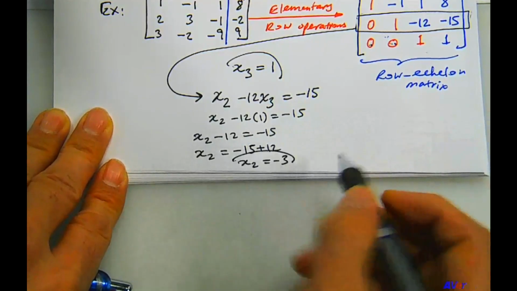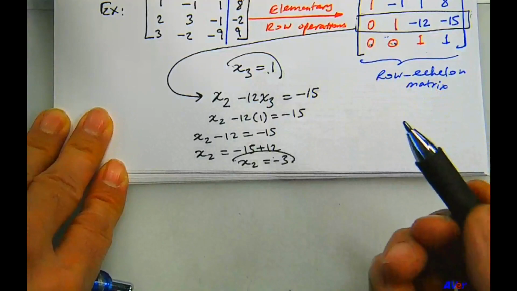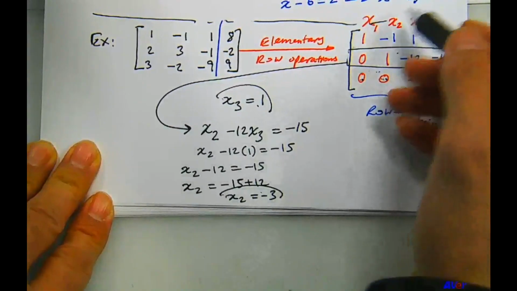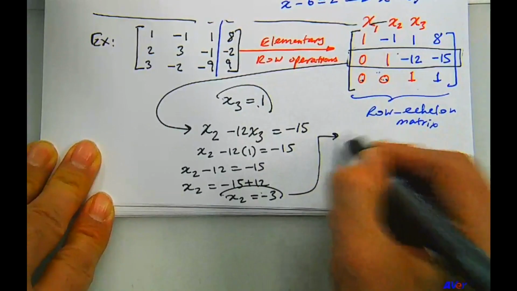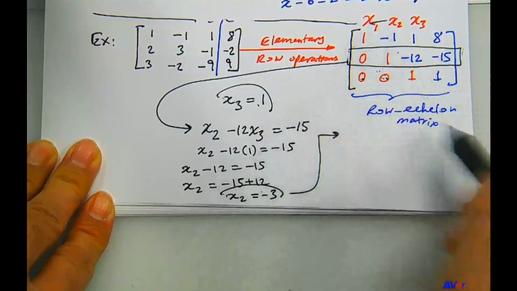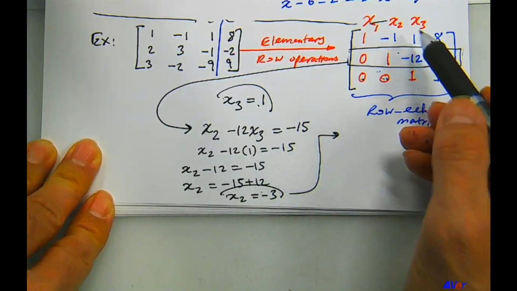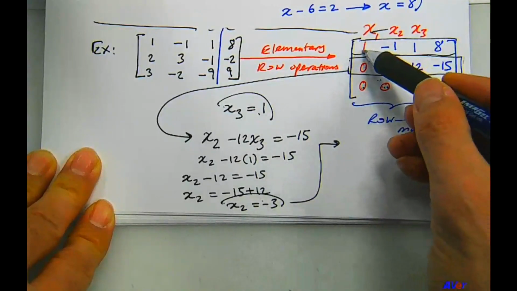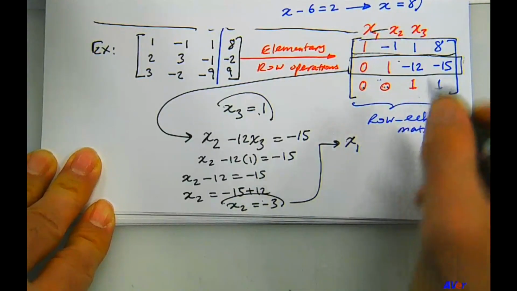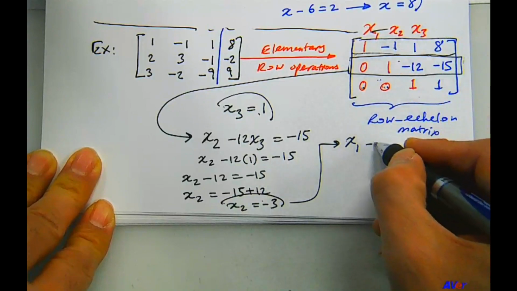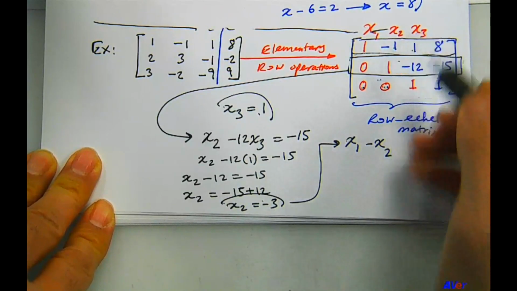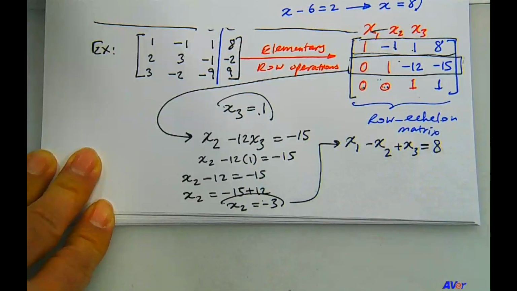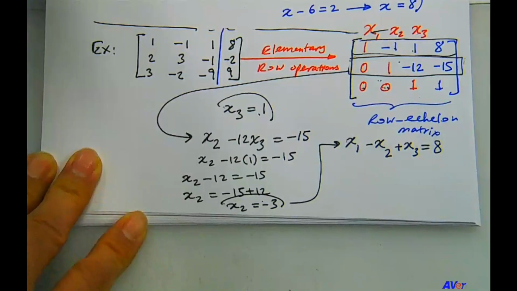So we got that. We've got x3, we've got x2, now x1. How do we find x1? Well, we move one row up. So let's come here. We're going to write the full equation with the variables attached using these numbers in the top row. So 1 times x1 is x1. Minus 1 times x2, minus x2. 1 times x3 is equal to x3. And 8 is the constant on the other side. Right?